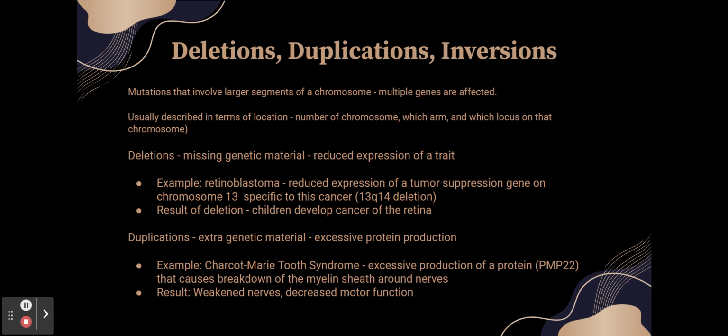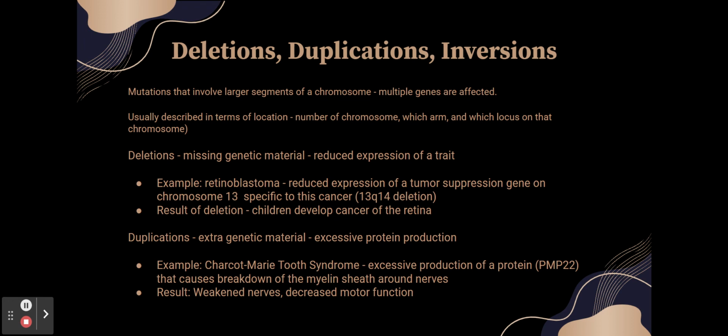So we have things like Charcot-Marie-Tooth syndrome, where you get more of a dose of the gene that codes for this protein called PMP22. Now, that protein in excess will cause a breakdown of the myelin sheath around the nerves. So in Charcot-Marie-Tooth syndrome, the result is that you have weakened nerves and decreased motor function.